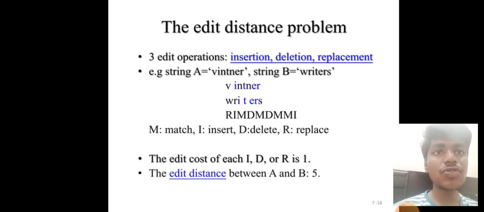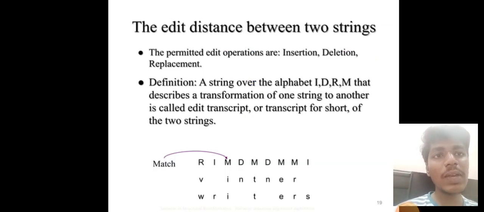For example, string A is winter, string B is writer. Here M is equal to match, I is equal to insert, D is equal to delete, R is equal to replace. The edit distance can be calculated between two strings.